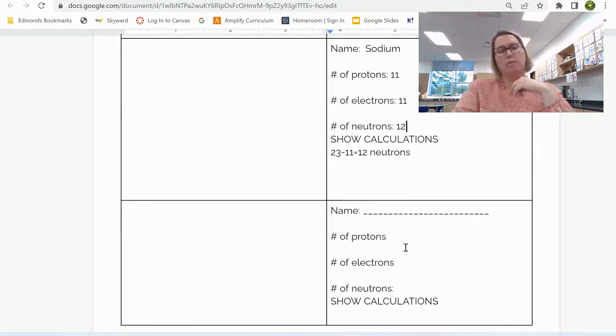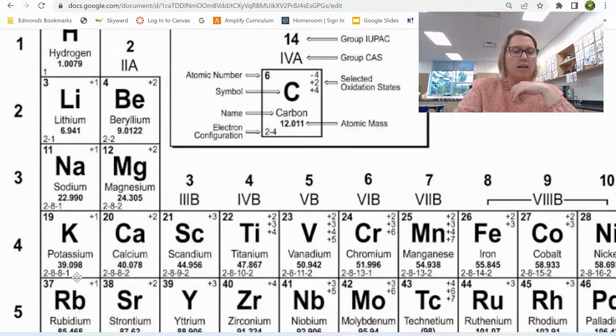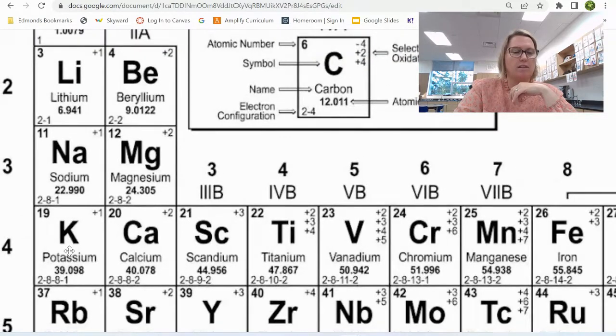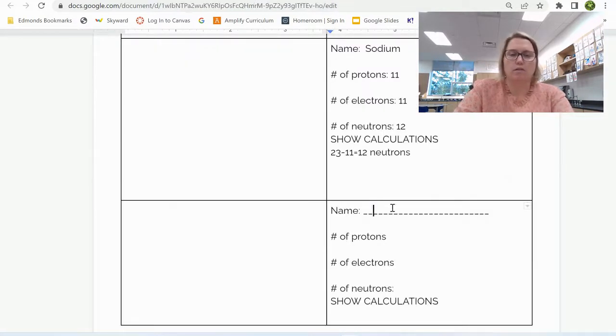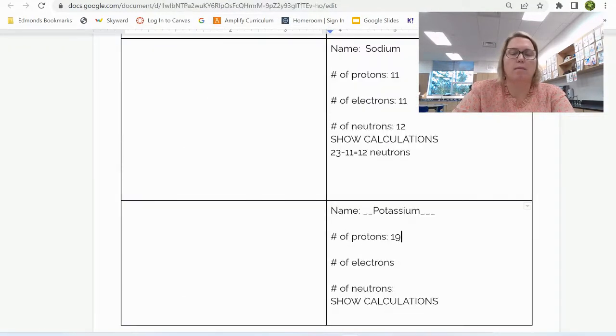If you want to stay around, we'll do one more example. My first name is Kristen, so let's do potassium. Potassium is with a K. It's right here, number 19, and it has the atomic number of 19. The number of protons is 19 because the atomic number is 19. If it has 19 protons, that means it has 19 electrons in the electron cloud.